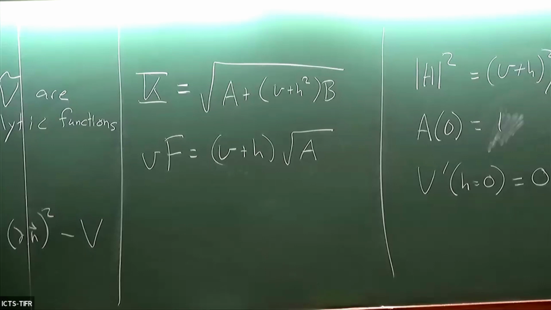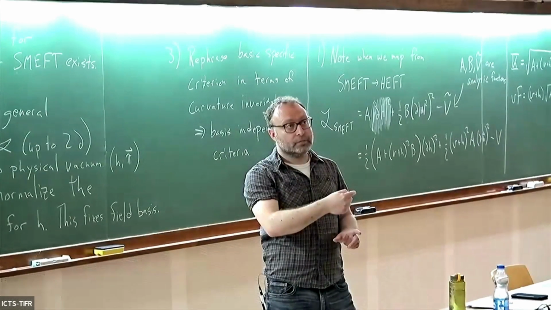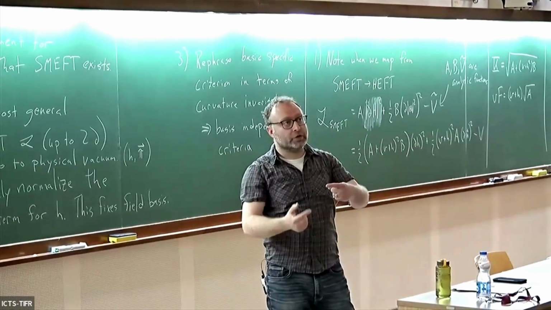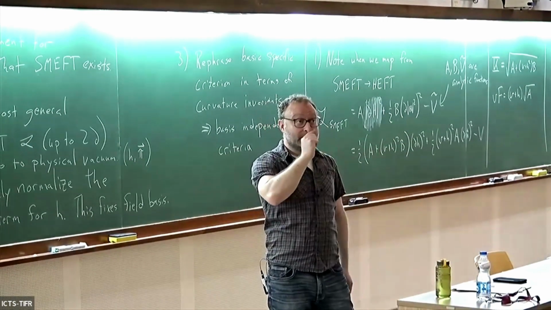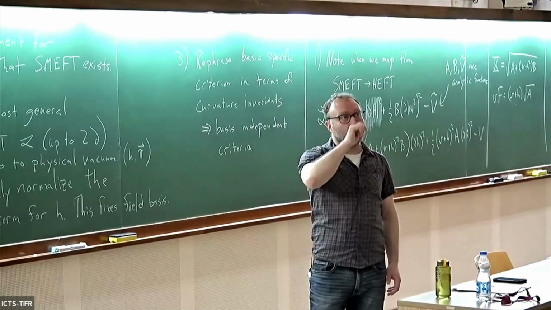No question that you can always do that. That's not the question. The question is, if I start with the Lagrangian written in the physical vacuum where I have HEFT, can I go back? That's the hard question. And it's not always true that you can go back to SMEFT. Okay? Going from SMEFT to HEFT is trivial. Going from HEFT to SMEFT requires you to satisfy the conditions that we're working out.